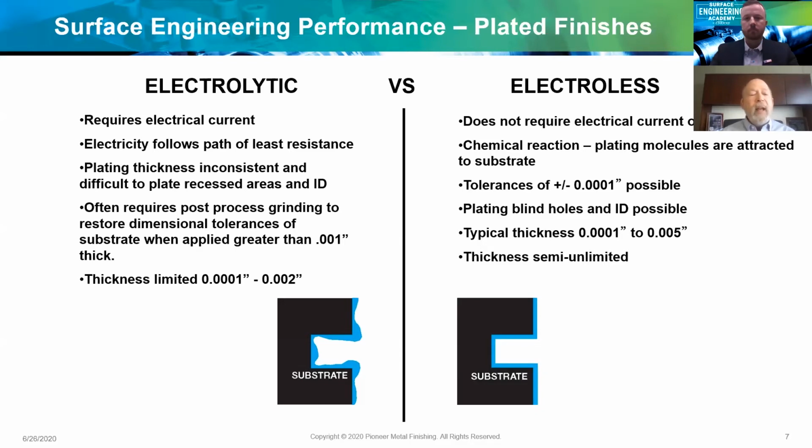One of the downsides, though, of this process is that because we're using electricity to create the plating, electricity has the tendency to follow the path of least resistance. So when we get into low current areas or recessed areas on the parts, it's hard to get the uniform plating to occur. So sometimes people call it the dog bone effect. Down in the recessed areas, you don't get as much plating. In the high current areas, then you get heavier thicknesses.